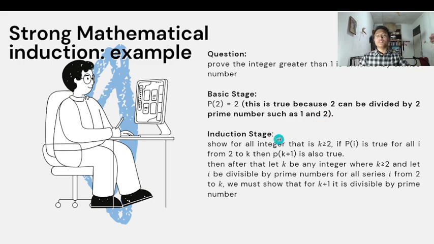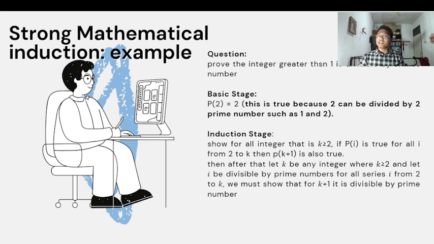Okay, then we will continue to the second stage, the induction stage. In the induction stage, we will show that for every integer k greater than or equal to 2, if P(i) is true for all i from 2 to k, then P(k+1) is also true.